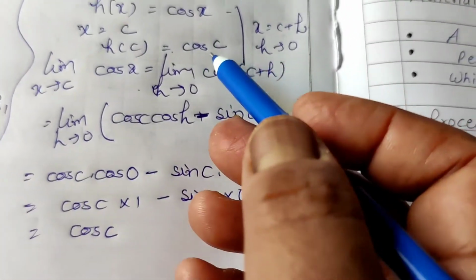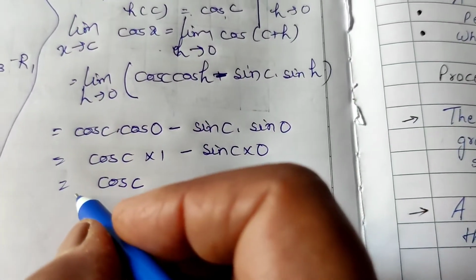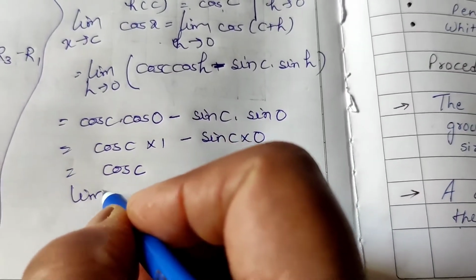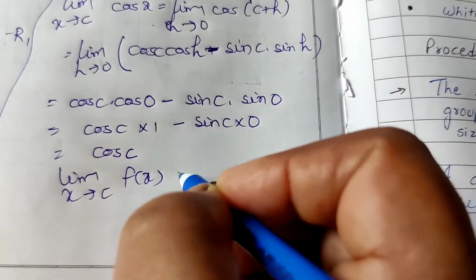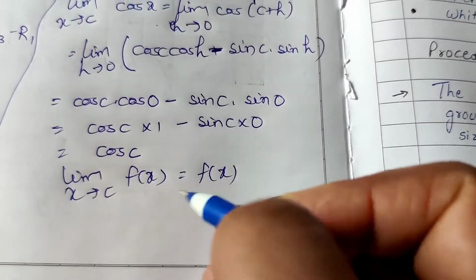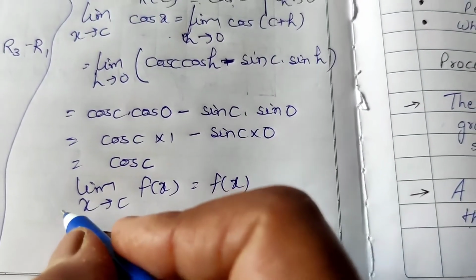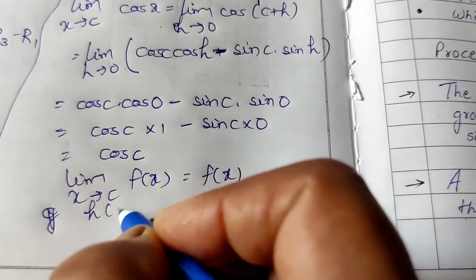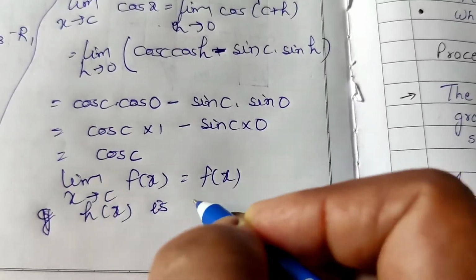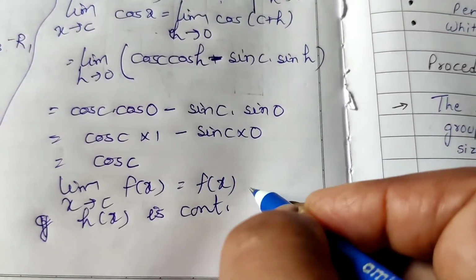The function value is also cos c. Therefore, the function is continuous. It means h(x) is a continuous function.